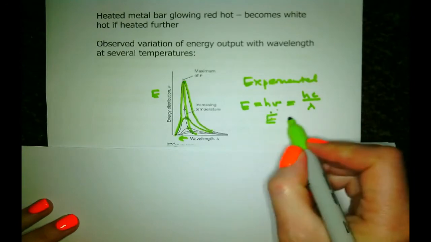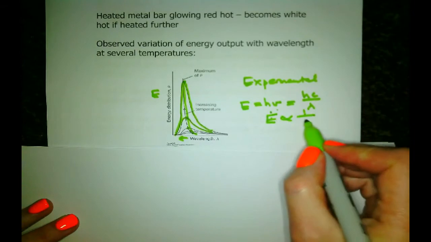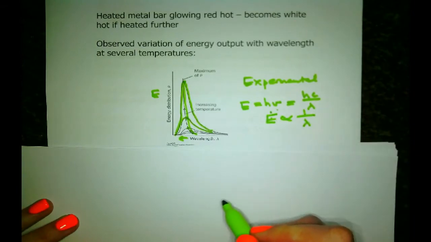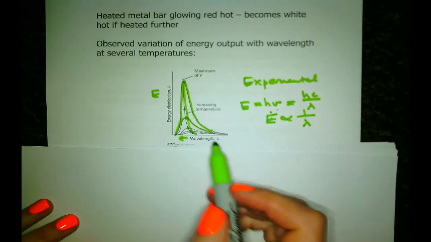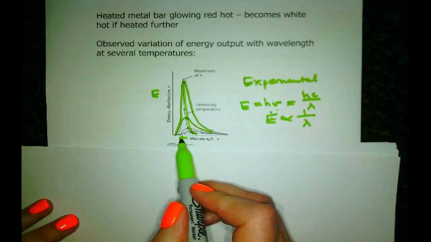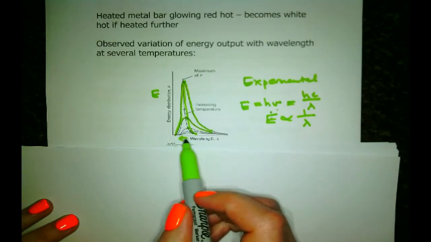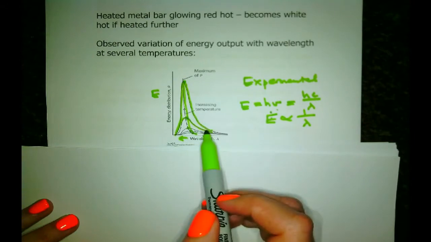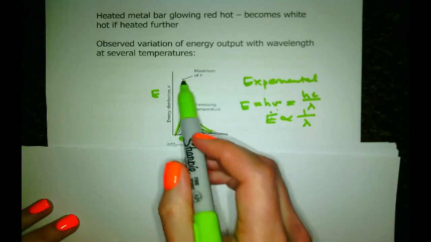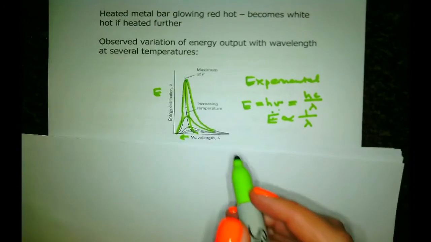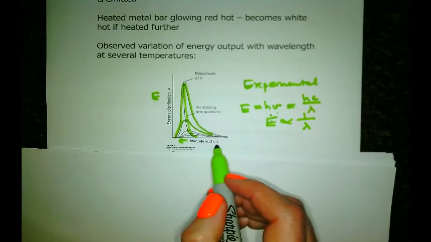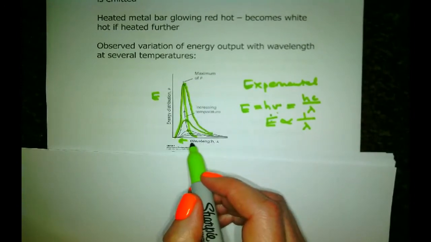So energy is proportional to 1 over wavelength. It means the shorter the wavelength, the higher the energy in this graph. So the energy peak will be higher. If we plot energy here, shorter wavelength will mean higher energy radiation.